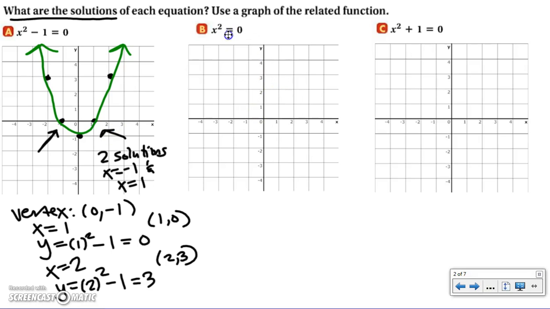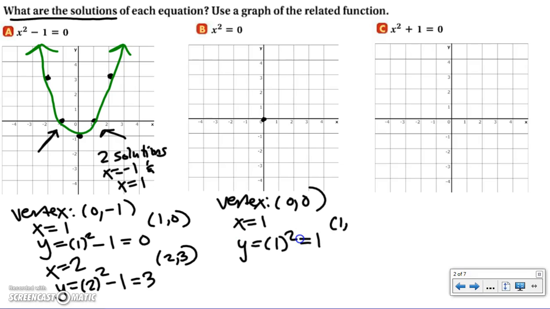Looking at this graph, it's just x squared, no c value, that means it's 0. My vertex is at (0, 0). Once again, I will plug in the next 2 x values. So when x is 1, I will plug that into x squared. So I'm just squaring 1. 1 squared is 1, so my next point is (1, 1).